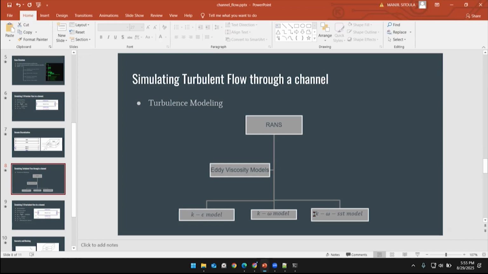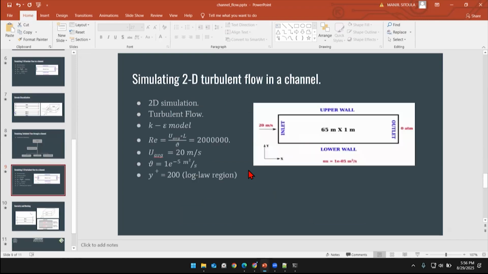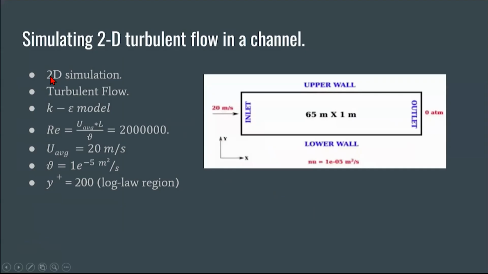The k omega SST model is a blend of these two models. It uses the k omega model near the walls, and away from the walls, when the flow is more turbulent, it uses the k epsilon model using blending functions. So that's the basics of the Reynolds averaged Navier-Stokes equations. Okay, these are the input parameters for our turbulent flow.